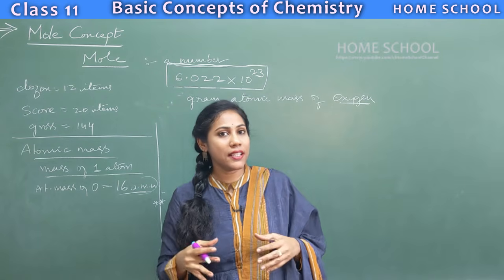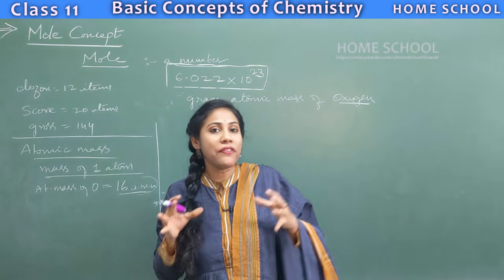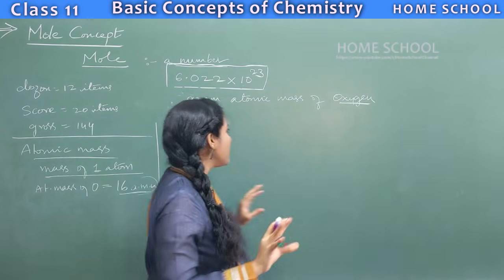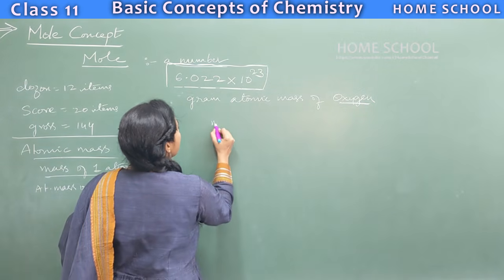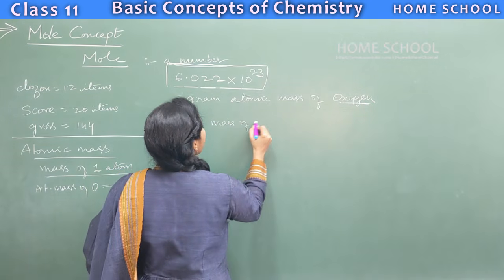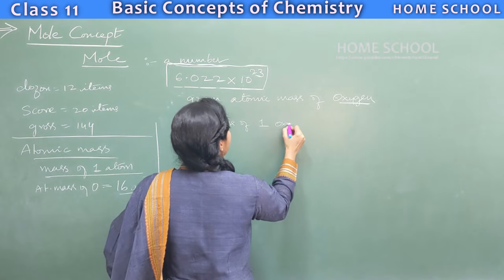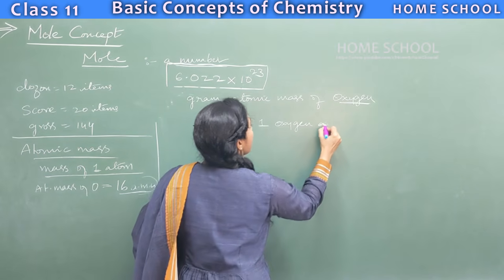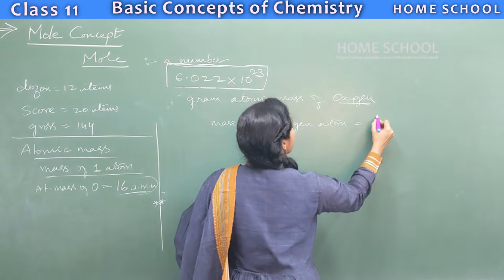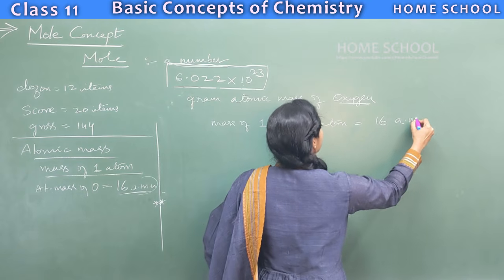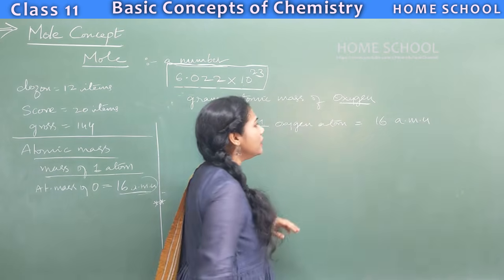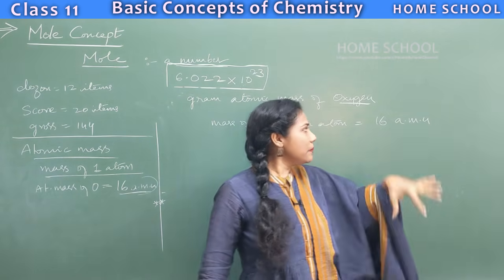Gram atomic mass means the mass of 1 mole of atoms, which we have to calculate. So let us just do it. We know the mass of one oxygen atom is 16 AMU.